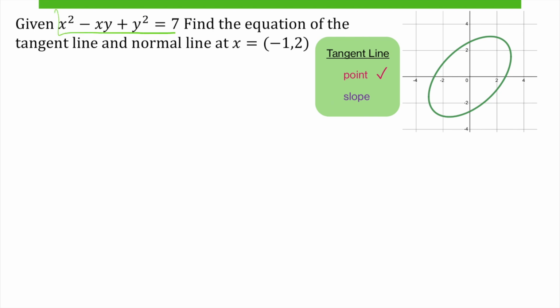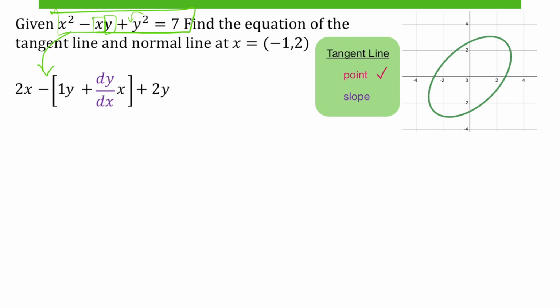So here's our function here. We'll start with x squared. Derivative of x squared is 2x. Now xy is two functions being multiplied together, so we need to use the product rule. Derivative of the first times the second, plus derivative of the second, derivative of y is dy dx, times the first, plus, now when we take the derivative of y squared, 2 comes forward, drop the power by 1, so that's 2y.